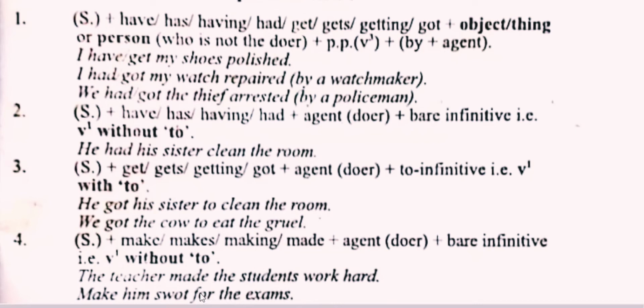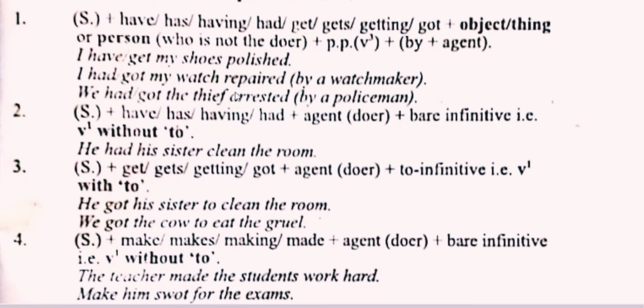We don't use to. In structure number 3, it is a little bit different. In number 2 and 4, with the causative verbs have and make, we use an agent. If there is an agent, then we write V1, not to.